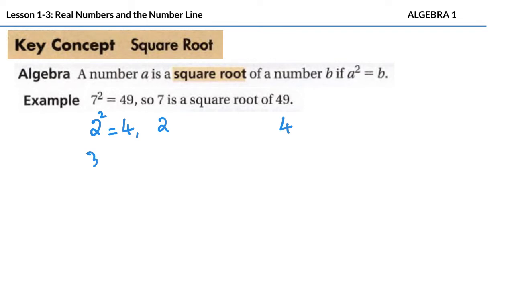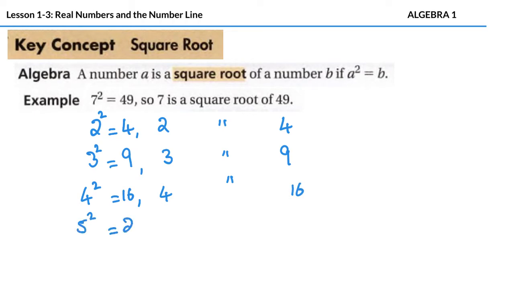Similarly, 3 squared is equal to 9, so 3 is the square root of 9. 4 squared is equal to 16, so 4 is the square root of 16. And so on. 5 squared is equal to 25, so 5 is the square root of 25.